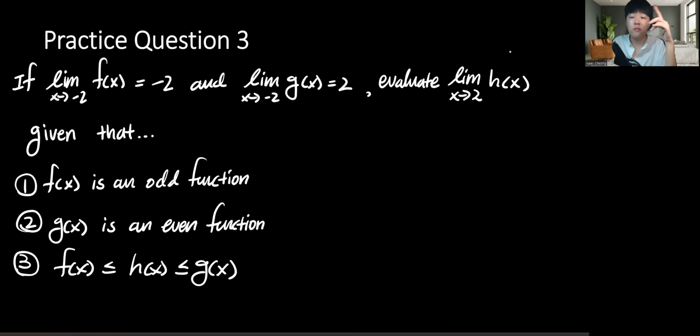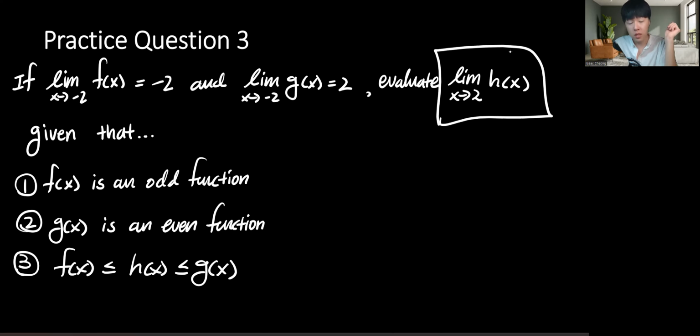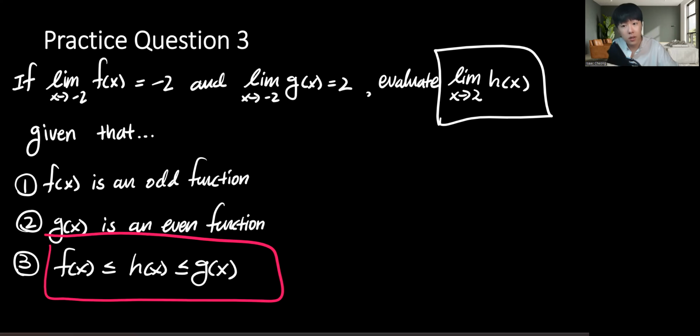Then we need to evaluate this one, but it should satisfy these three conditions: f(x) is an odd function, g(x) is an even function, and h(x) is between f(x) and g(x), because the question already gave you this inequality.